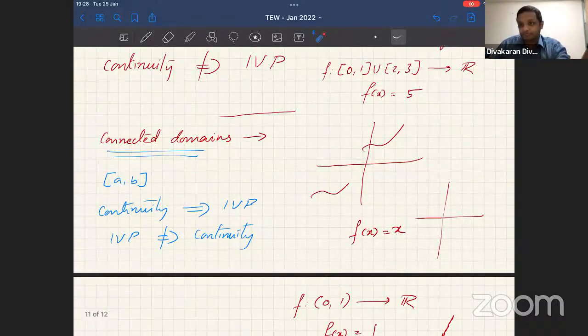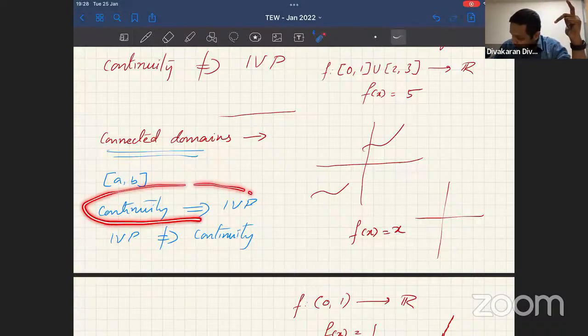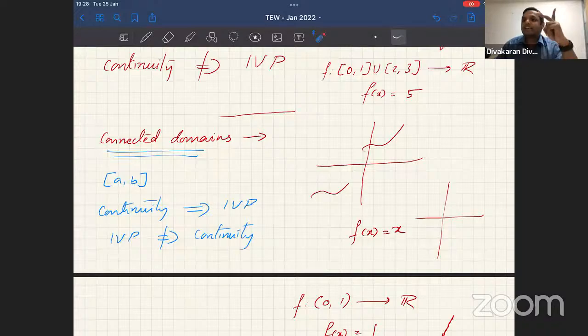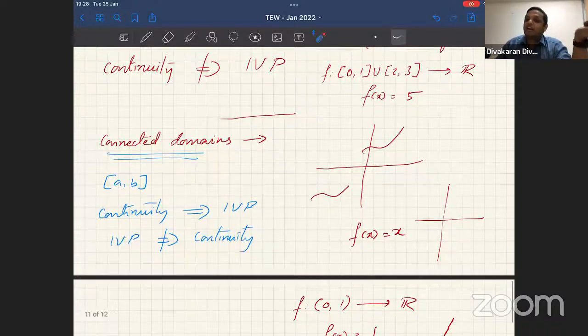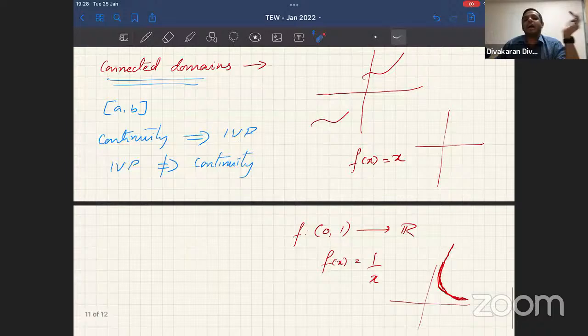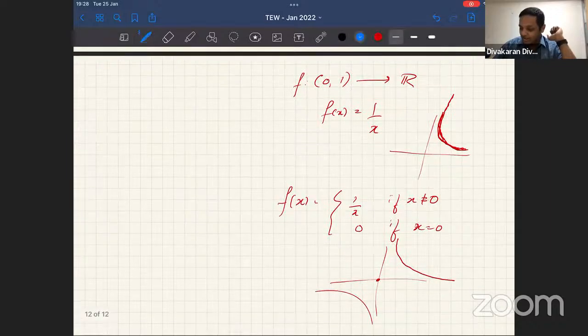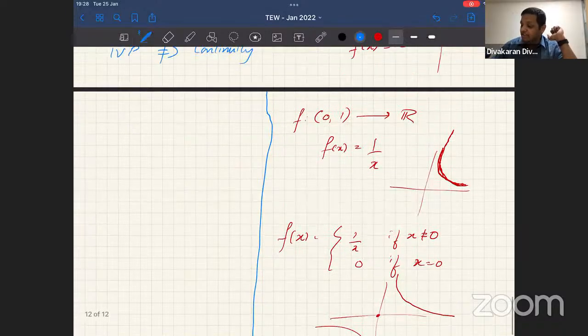Is that doable? Let me repeat the two questions. How do we know this? And can we characterize all functions that satisfy IVP? These are the two questions that we are interested in. Perhaps many of you know why this theorem is true.